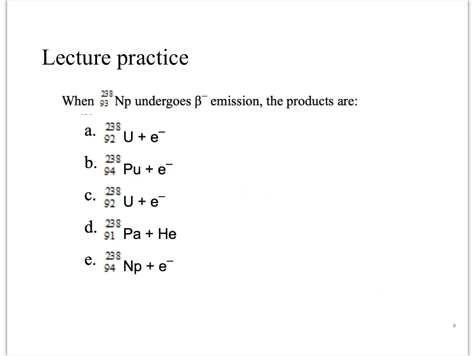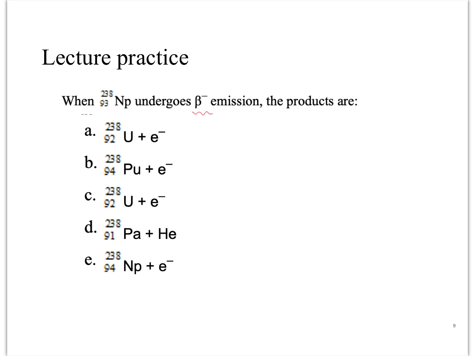Now we are going to look at a few more examples. What I would like you to do is to pause the video and try this out by yourself first. The first question here is Np-239. Again, that is what we got on the previous page. Can it keep undergoing a beta emission? What is beta emission? It's beta decay, because something is emitted as a product.